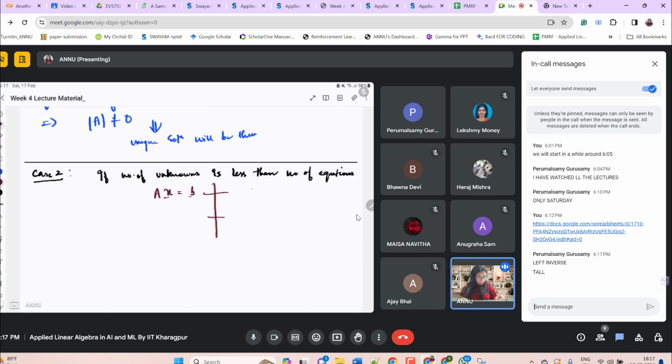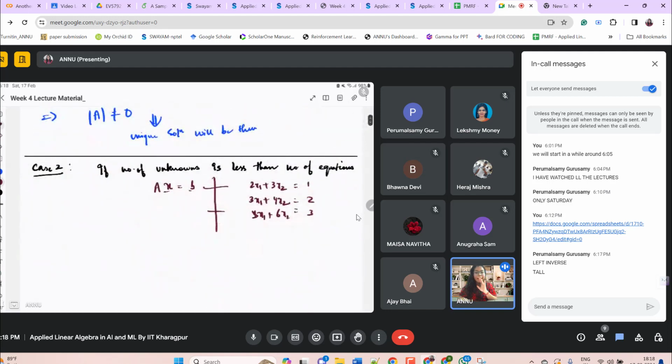So why tall? Because here you will have 2x1 plus 3x2, 3x1 plus 4x2 and 5x1 plus 6x2 equals 1, 2, 3. So the number of unknowns is only x1 and x2, but the number of equations is 3.